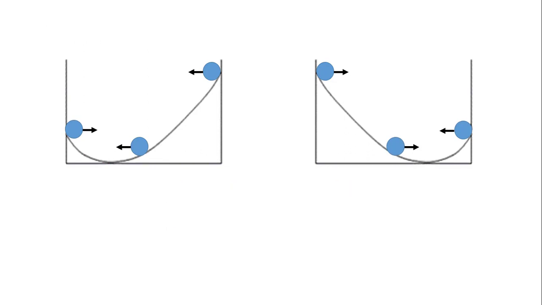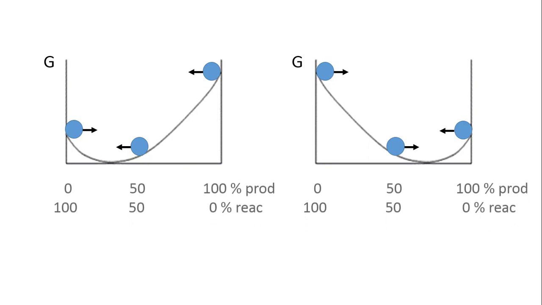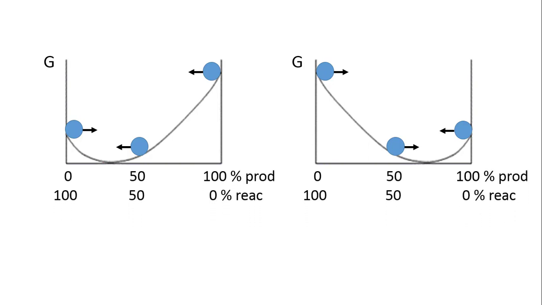Let's change our perspective a little bit and assume rather than a ball on a ramp, this is a plot of free energy, G, on the y-axis. And let's suppose the x-axis is the extent of the reaction. In other words, what if the left-hand wall represented the beginning of a reaction where there were no products and still 100% reactants?